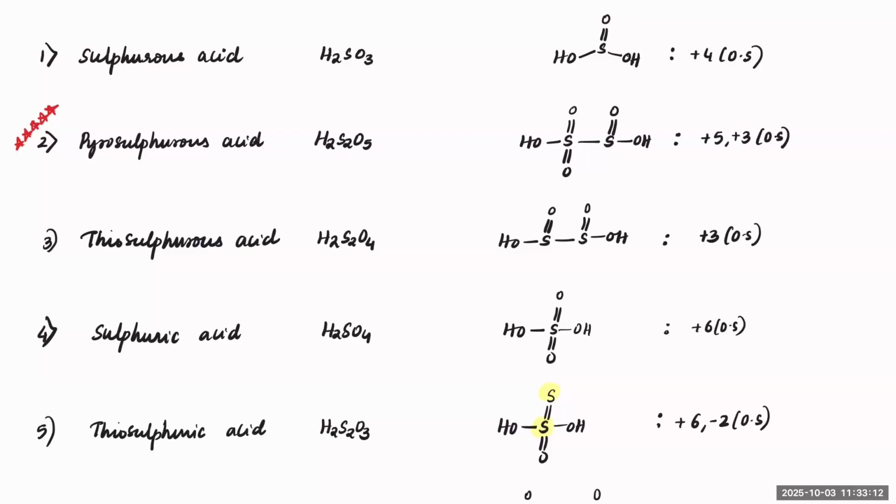Within that, if you have +4 only, it is sulfurous acid. If it is +2, a lower oxidation state, we use the word hyposulfurous acid, like that.